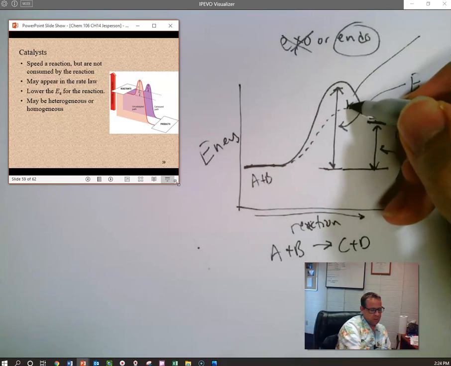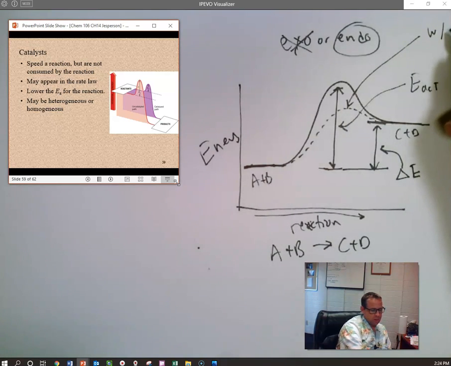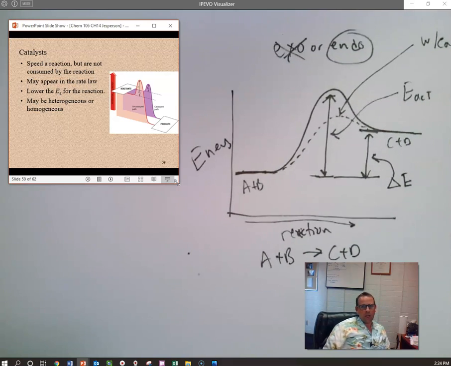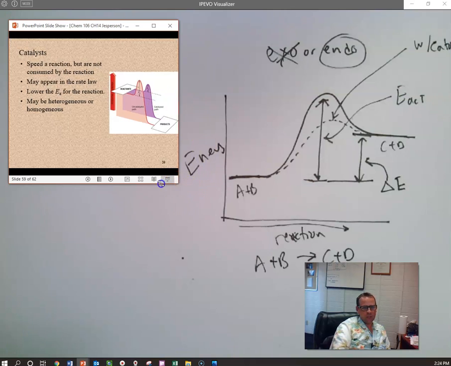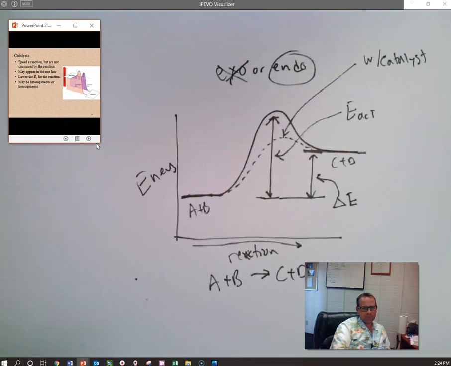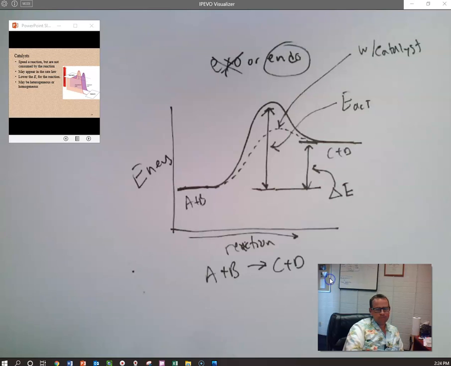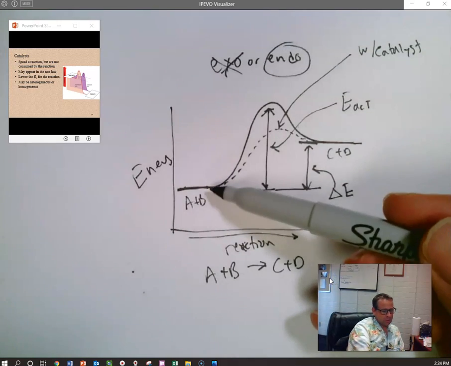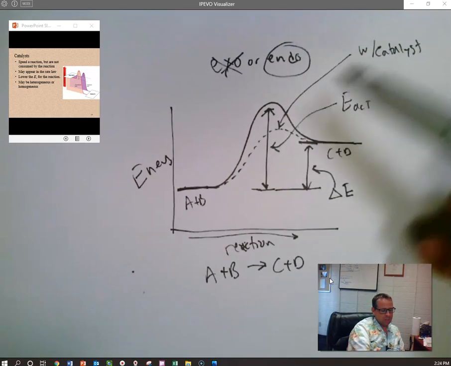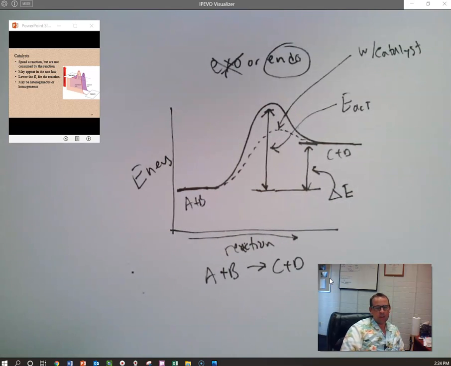So this one down here would be with a catalyst, right? And you've lowered your activation energy. Okay? So catalysts don't alter the reactants or products, but they just lower the activation energy.